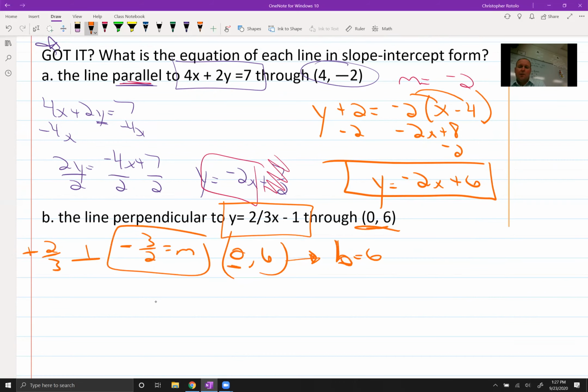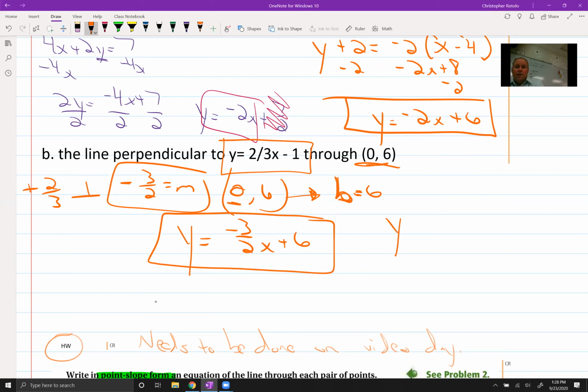And that has nothing to do with being smart. That has to do with having something memorized. Two very different things. So that means I can go straight to my equation: y equals -3 over 2 x plus 6. Okay, now if I forgot, as soon as I go and do this, y minus 6 equals -3 over 2 x minus 0, I'll be like, oh my gosh, look at that.